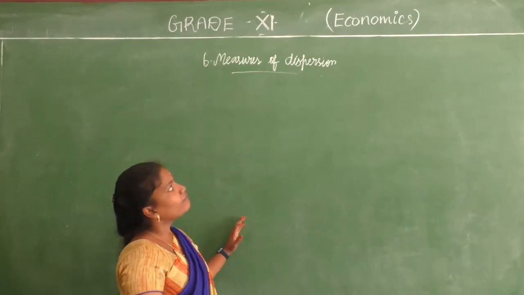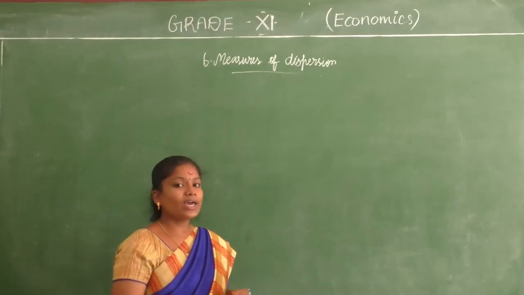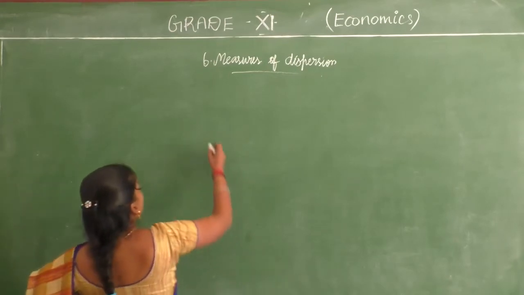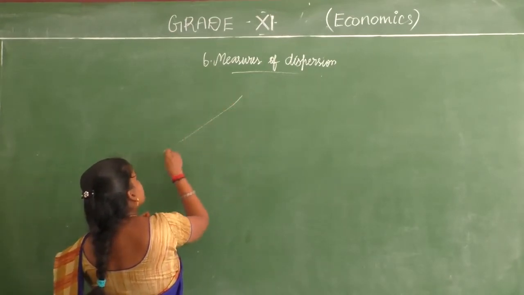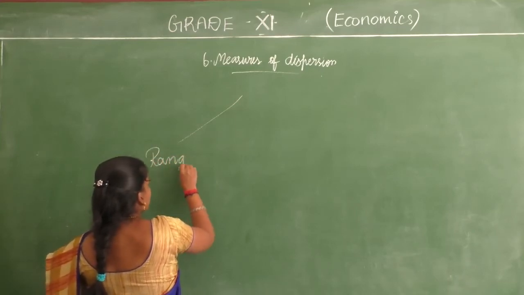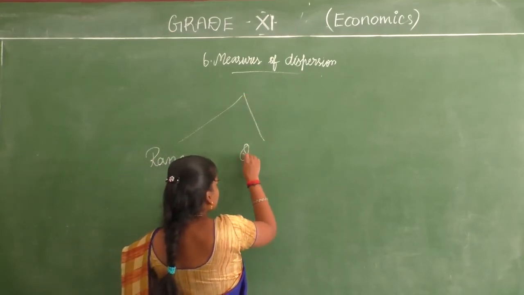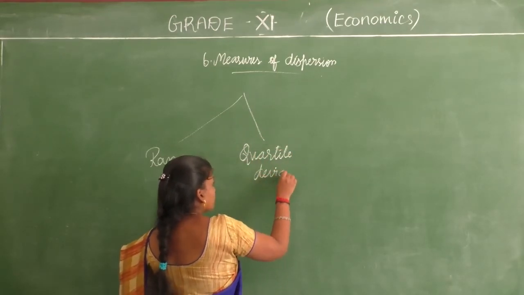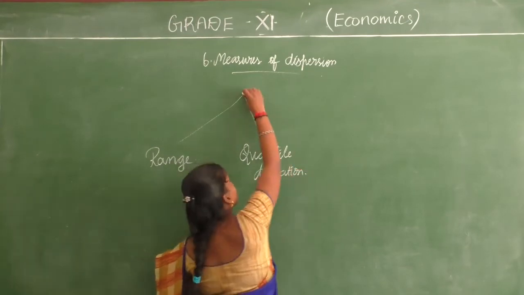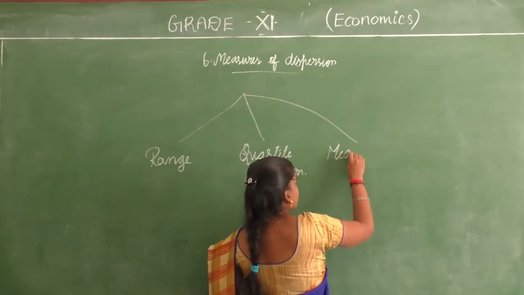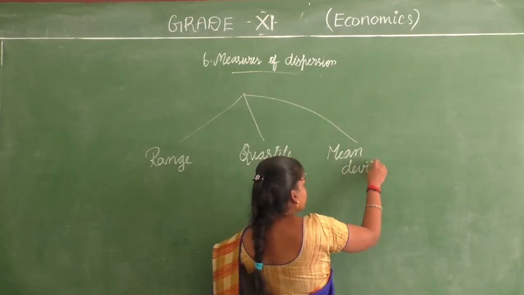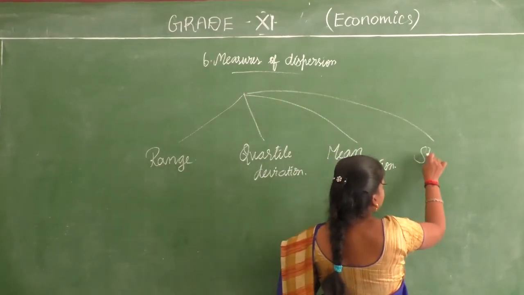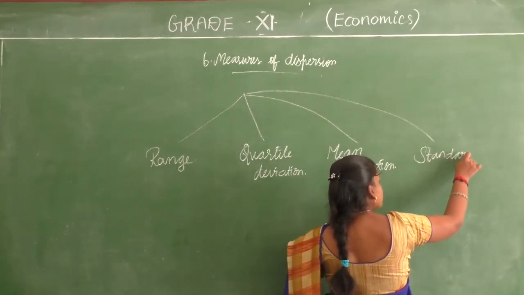And already we have discussed what the various measures of dispersion are. We have range, quartile deviation, mean deviation, and finally, standard deviation.